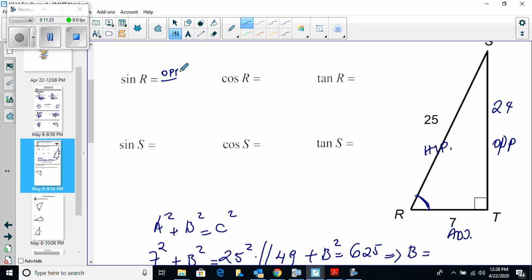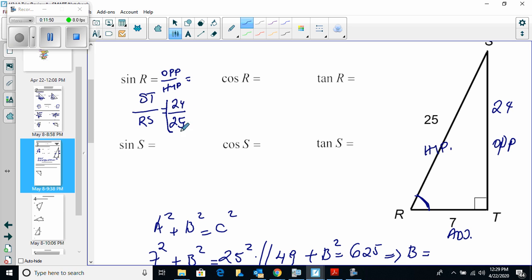For sine, based on SOHCAHTOA, we have opposite over hypotenuse, which means that the opposite of angle R is the length of ST over RS. We just found the length of ST, which is 24, and the length of the hypotenuse is given as 25.